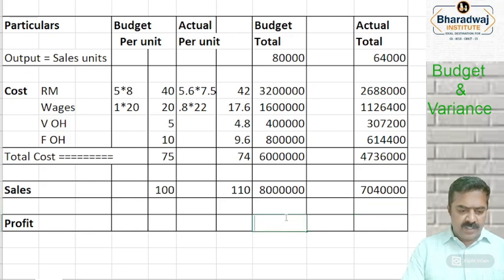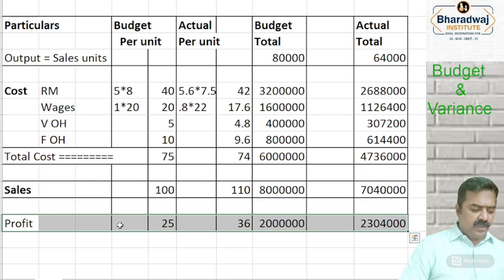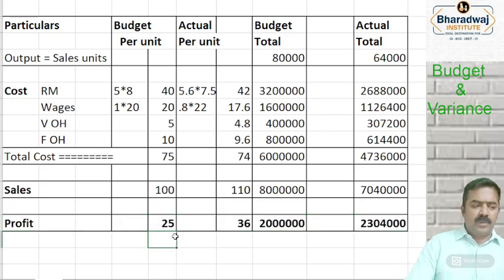Profit is the difference between sales and cost. So there is a difference between budgeted profit and actual profit, which we are going to analyze into the different types of variances that they ask for.